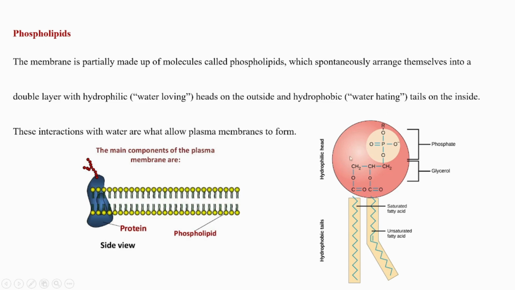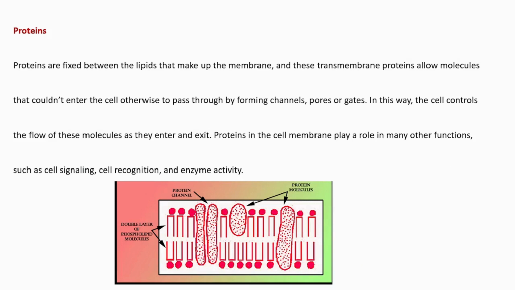Here you can see this phospholipid is attached together parallelly to form plasma membrane. Within this, you can see the protein channel, globular protein, surface protein, etc. But in order to form this, phospholipids are arranged in a sequential manner to form a plasma membrane.